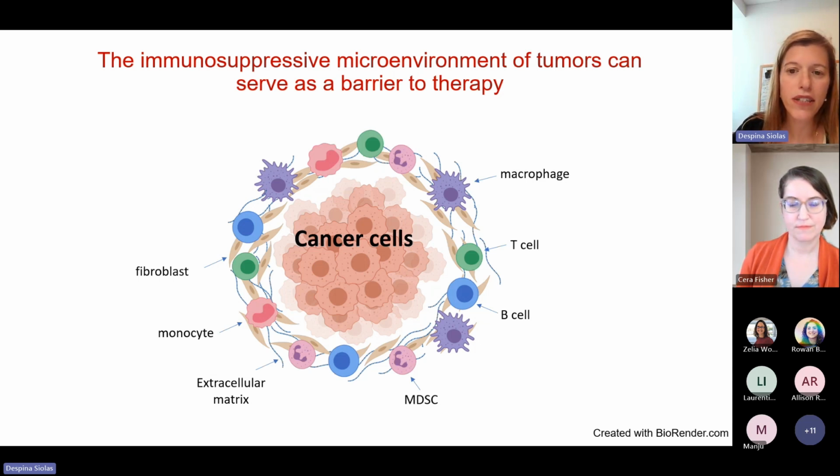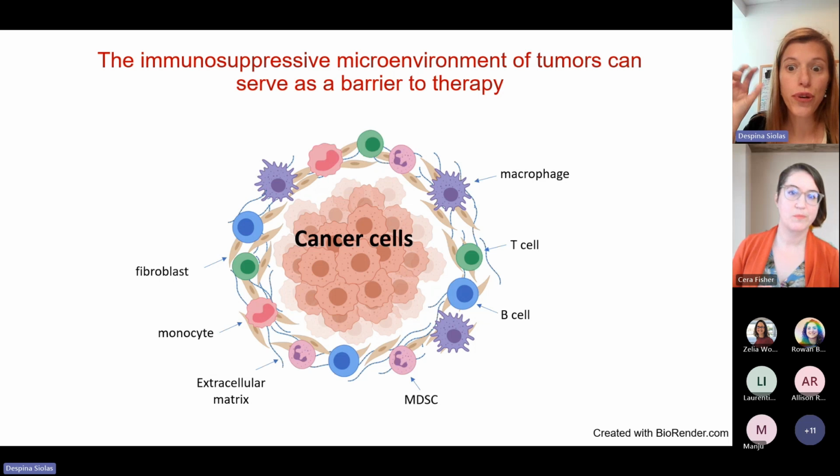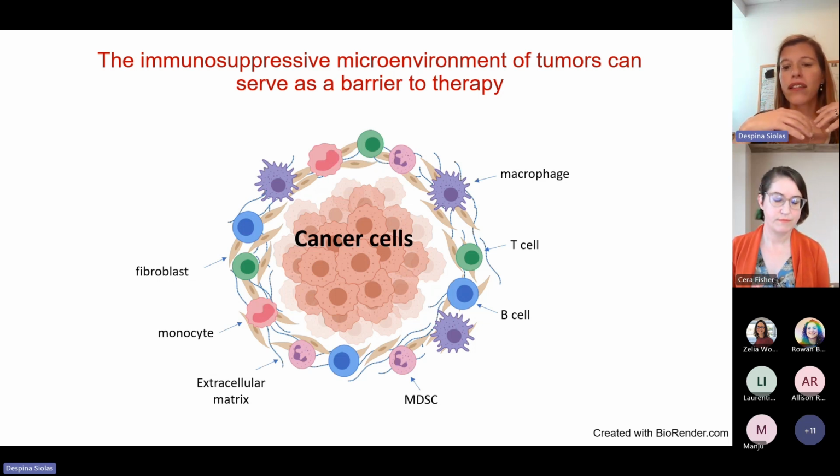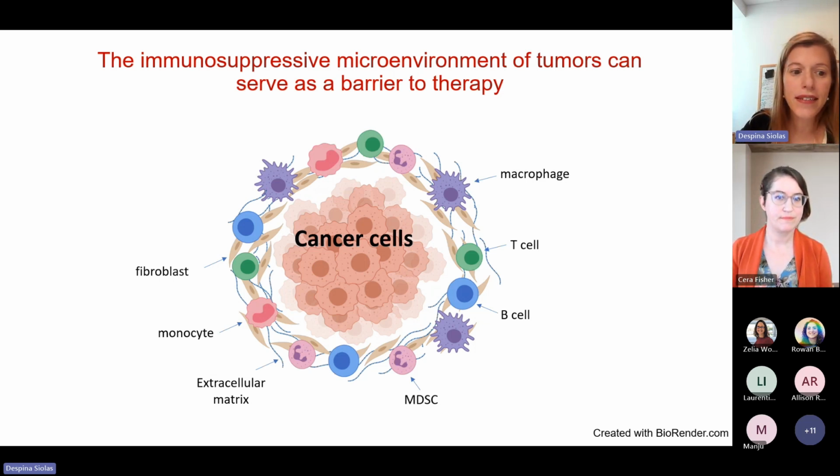They can mask the tumor and lead to immune evasion. So there's an urgent need to increase our understanding of how tumors create this immunologic barrier that can, again, lead to therapy resistance for both immunotherapy and chemotherapy.